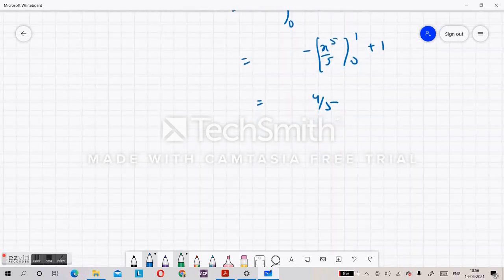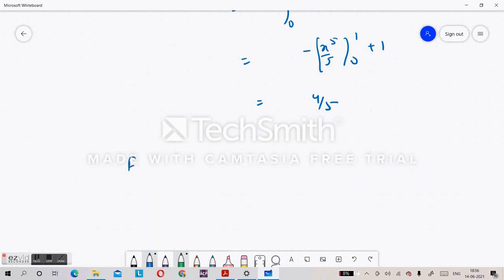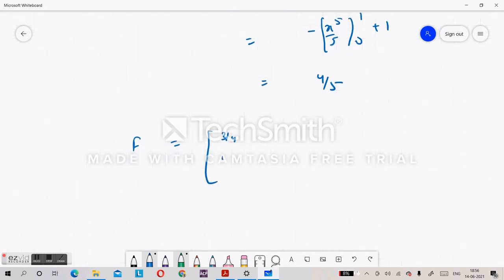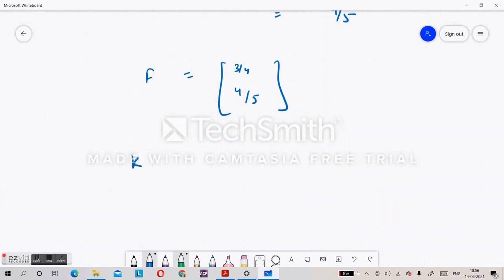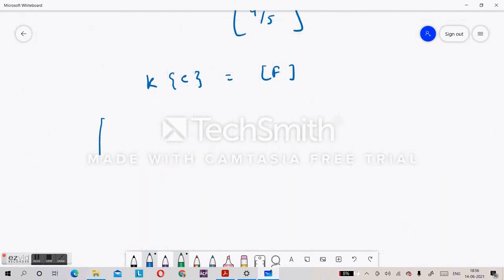Now, further solving, the force vector will look like this, where the values are 3 by 4 and 4 by 5. Now, the K matrix multiplied by the C matrix equals F. The C matrix is C1 and C2, which we have to find for the solution, and F is the force vector.